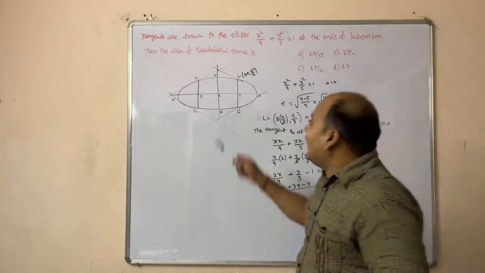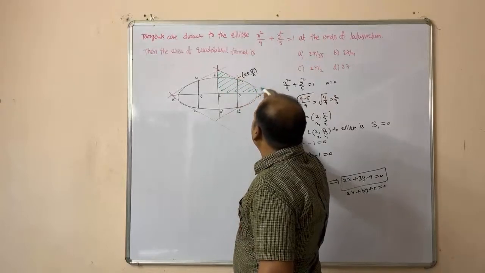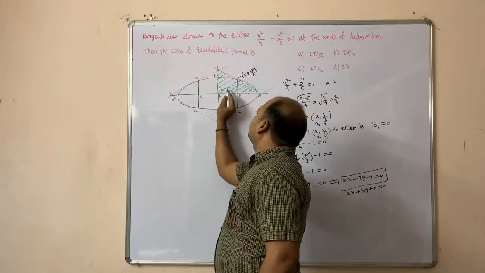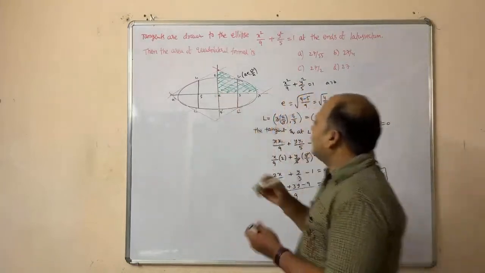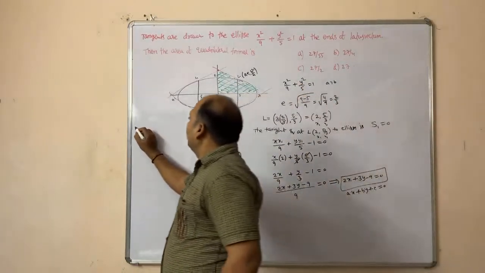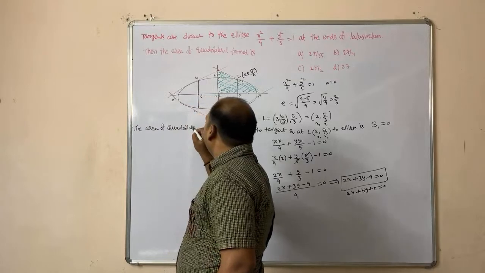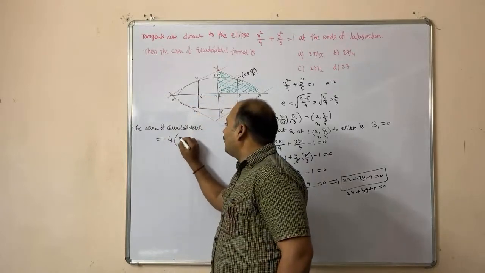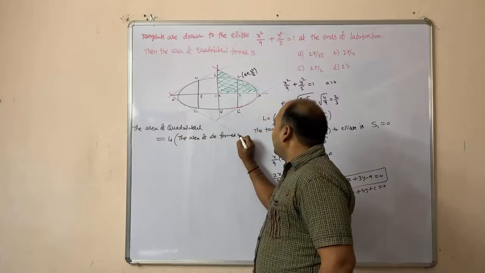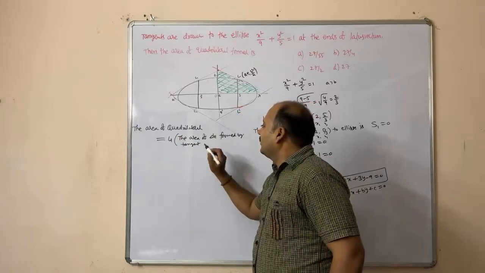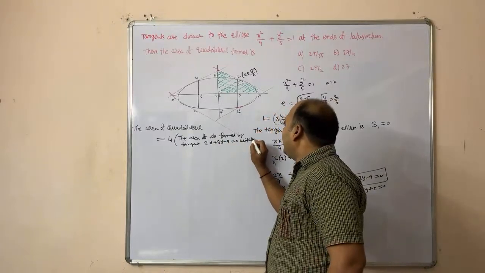If you want to calculate the complete quadrilateral area, if you calculate only this part, that means ACB, like the previous first question, this is the area of the triangle formed by this tangent with the coordinate axes. Therefore, the area of the quadrilateral is equal to 4 times the area of the triangle formed by the tangent 2x plus 3y minus 9 equal to 0 with the axes.